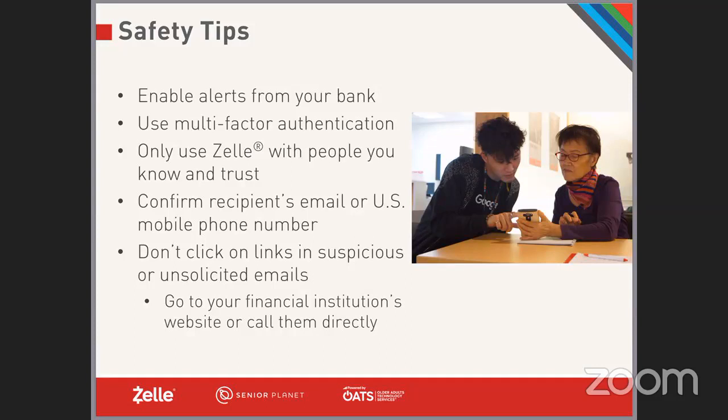Another big thing is don't click on links in suspicious or unsolicited emails. Okay, so this is in reference to emails that we call phishing emails, which is spelled with a PH instead of an F. Phishing emails are emails where somebody is pretending to be somebody they're not in order to trick you into giving them personal information.